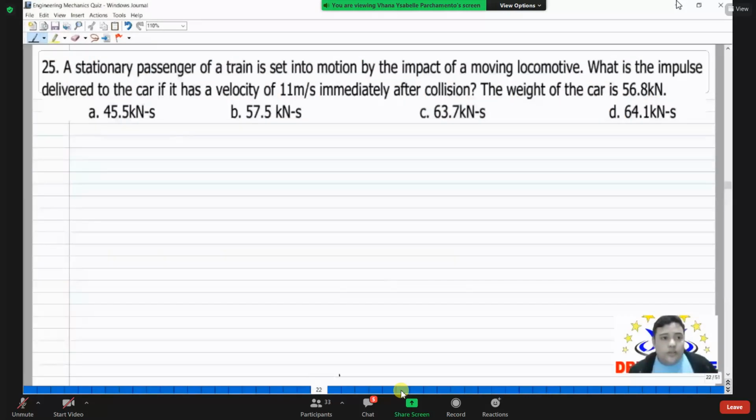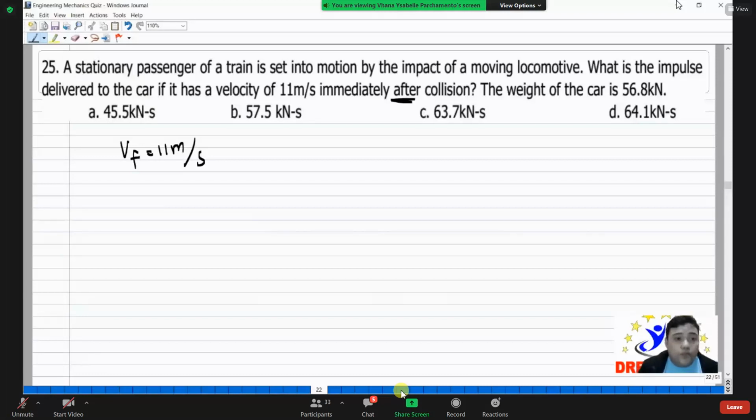Next, number 25. A stationary passenger car of a train is set into motion by the impact of the moving locomotive. What is the impulse delivered to the car if it has a velocity of 11 meters per second immediately after the collision? So VF here is equal to 11 meters per second.